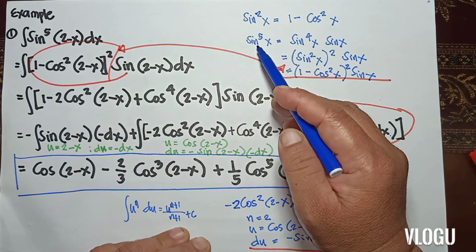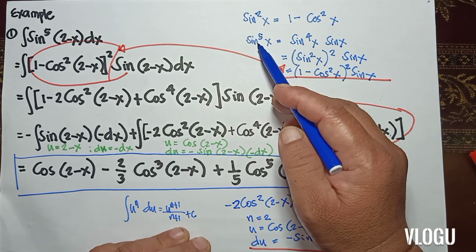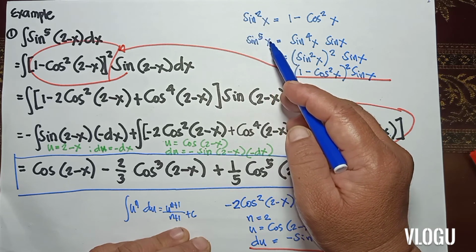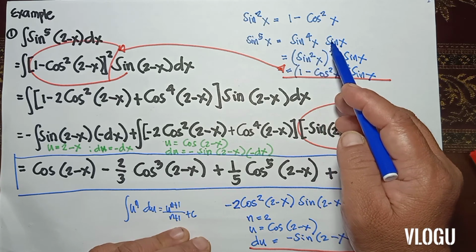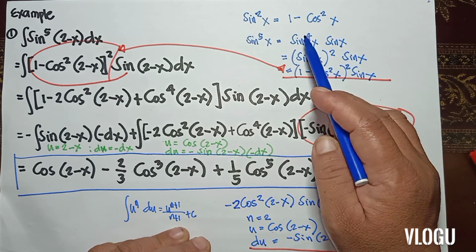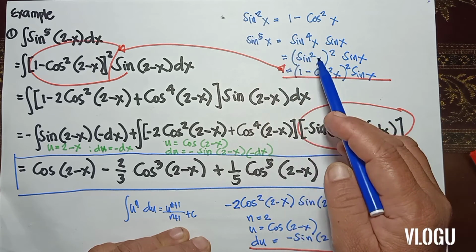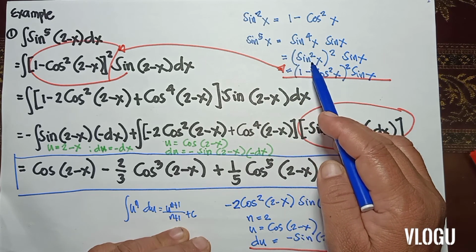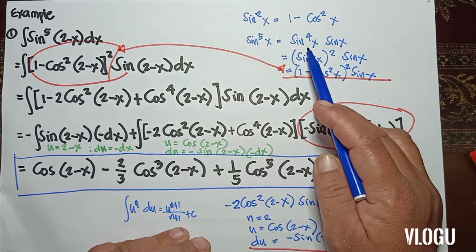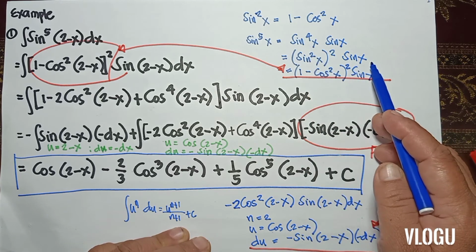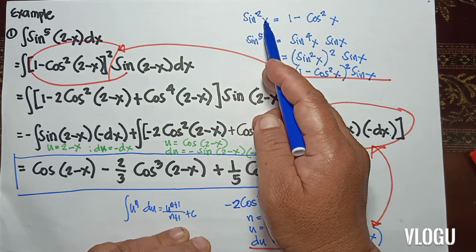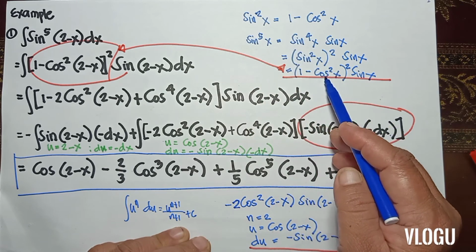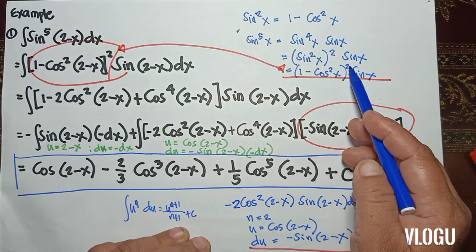So for our given, sine to the fifth u, or sine to the fifth x, is equivalent to sine to the fourth x times sine x. Then you use sine squared x, so you will have (sine squared x) squared times sine x, where sine squared x is equivalent to 1 minus cosine squared x.